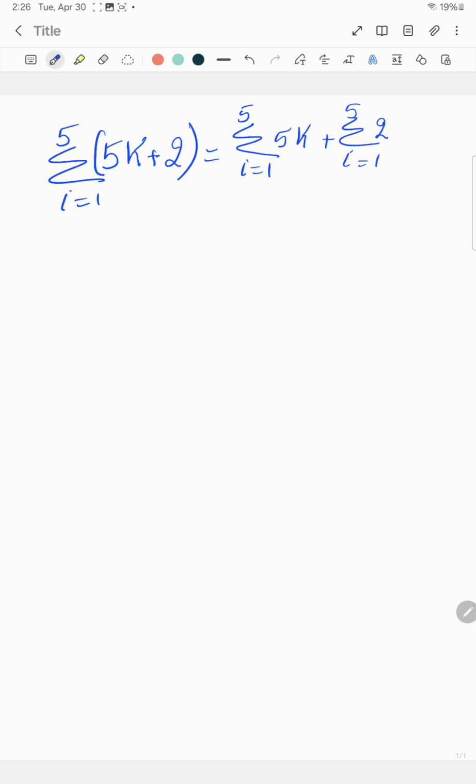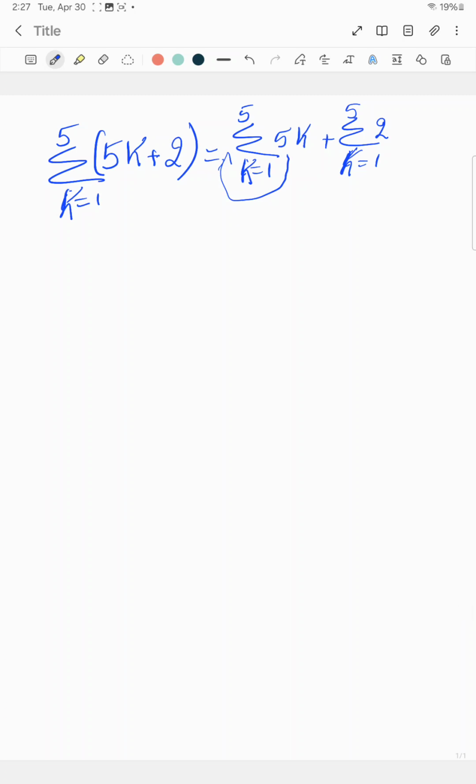And here 5 is a constant. It will never vary. It is the k that is a variable. So I can take my 5 outside my sigma, because for k equals 1, I will have 5 times 1.